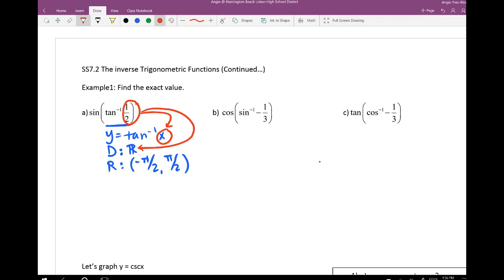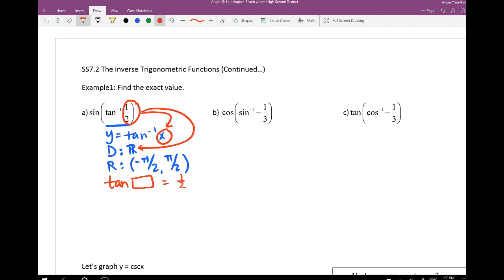But now I have to figure out, what is this answer? What is this angle that I need to find? Because in 7.1, we were used to doing this, right? Tangent of what is a half? That was the question we needed to answer in 7.1.